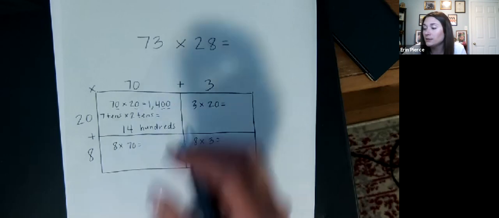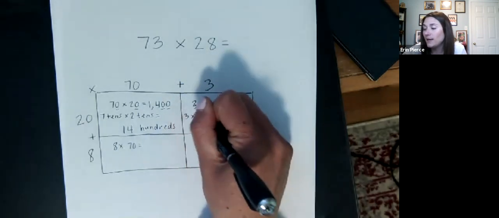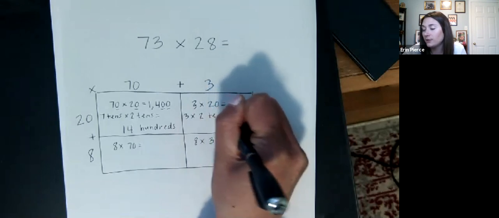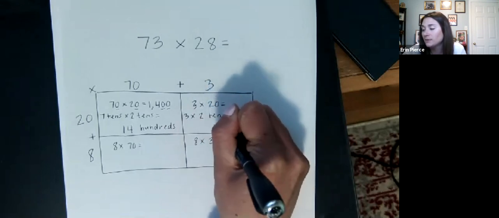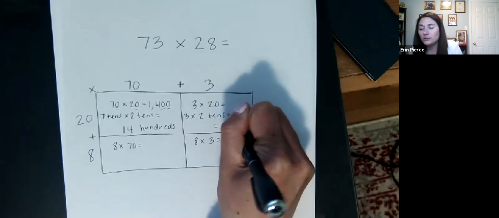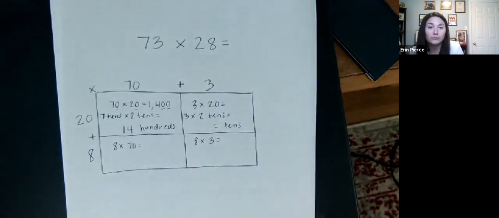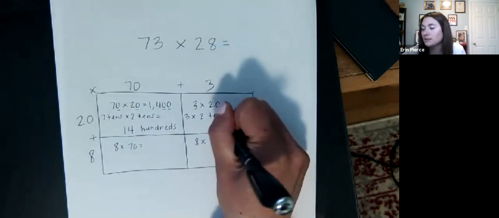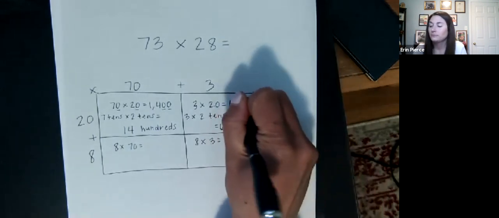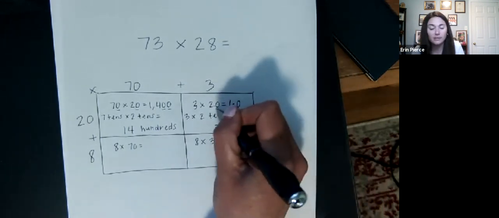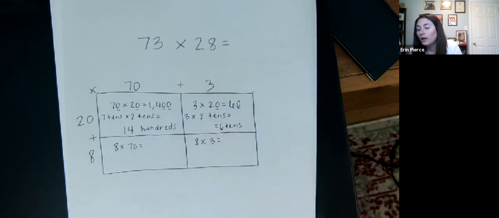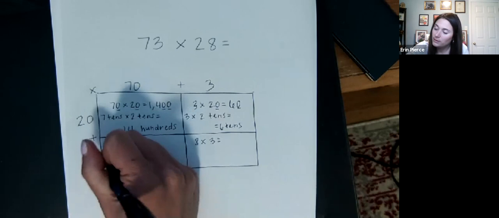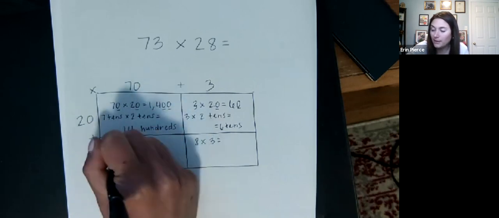When I do 3 times 2 tens, my answer is going to be in the tens. What is 3 times 2? Kira. Yep, it is 6. So 6 tens is 60. 8 ones basically times 7 tens.